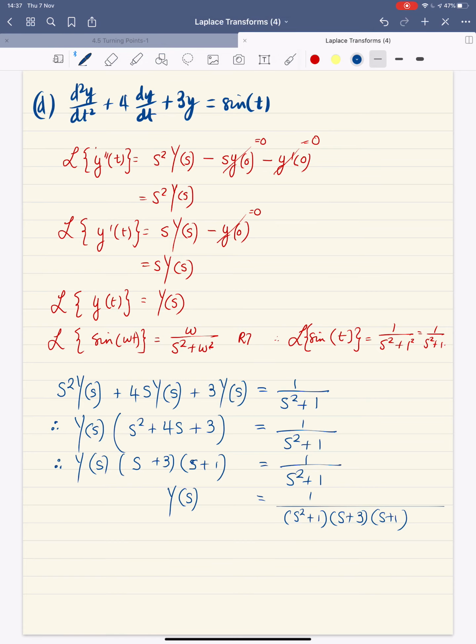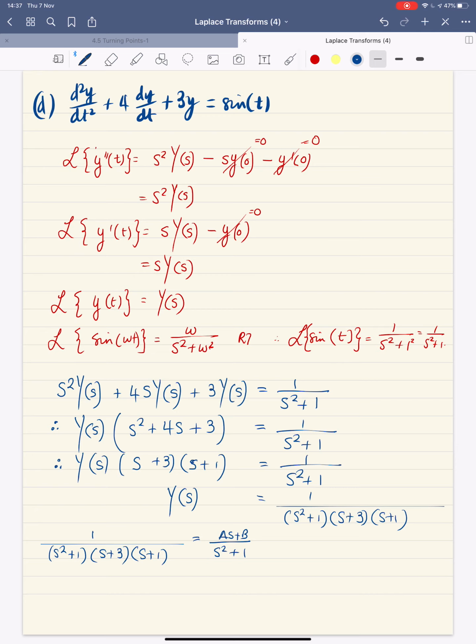So we've got 1 divided by (s squared plus 1)(s plus 3)(s plus 1). It's going to be (As plus B) over s squared plus 1, got to have one less power on the top.